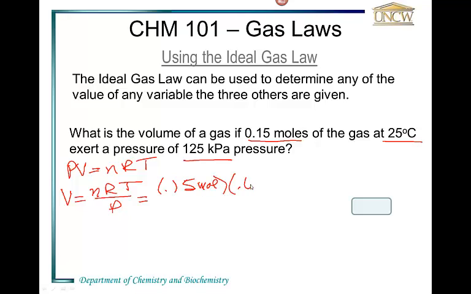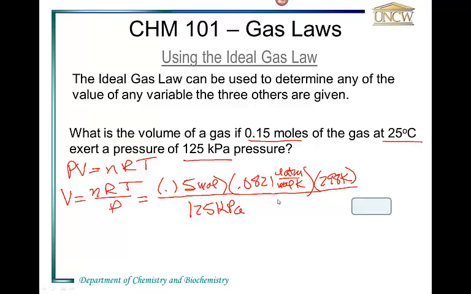R is 0.0821 liter atmospheres per mole degree. T, it's 25 degrees C, so that's 298 K. And again, our pressure, which is in kilopascals, needs to be converted: 125 kPa times 1 atmosphere over 101 kPa.